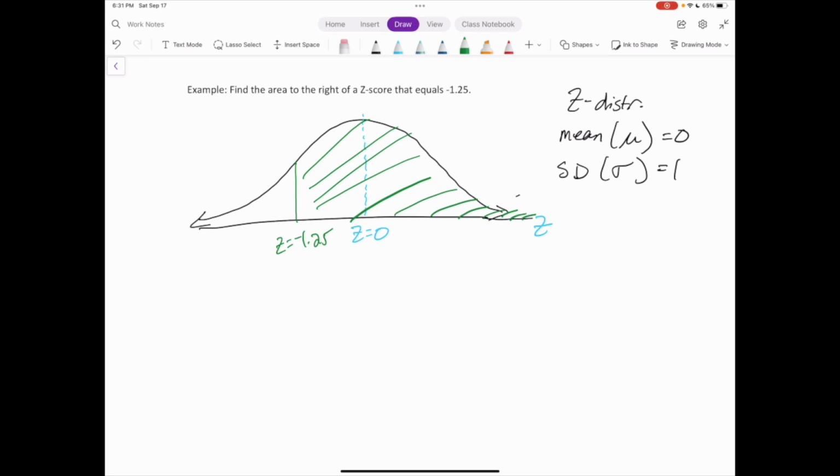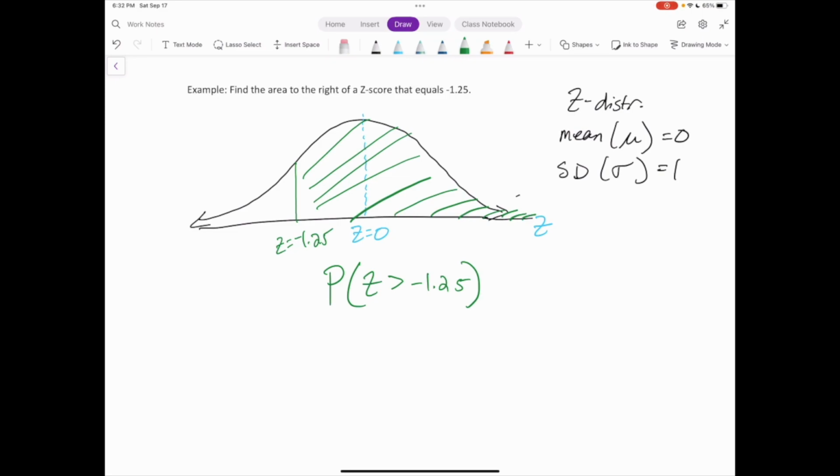Areas are the same thing as probabilities when we do normal distributions. Big P means probability. We want to find the probability that we select a z-score that is more than negative 1.25. That's what we need to calculate.